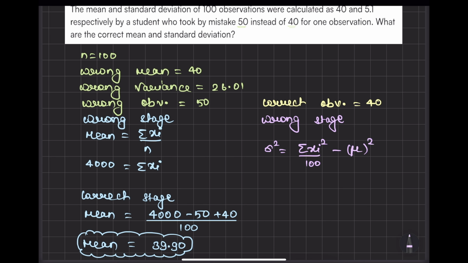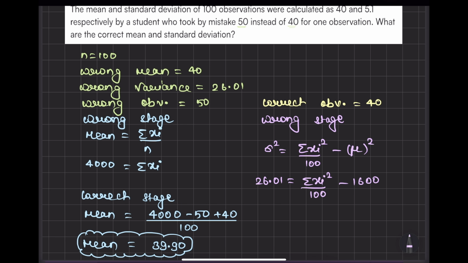So you know that the variance is 26.01. Now the summation of xi square of the wrong things is this. The wrong mean was 40, so 40 square is 1600.